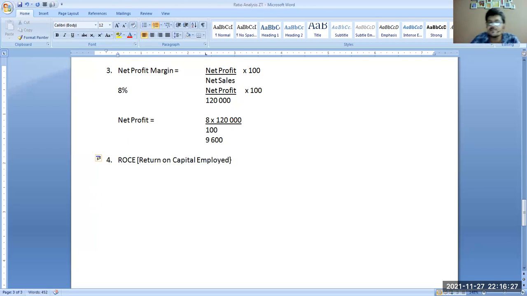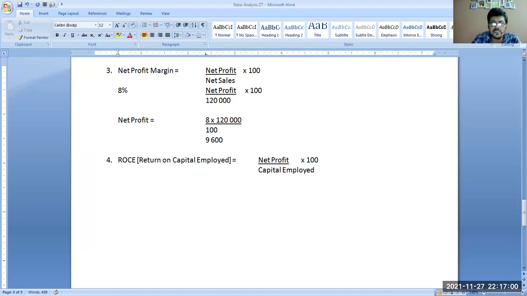And the formula is net profit divided by capital employed, multiply by 100. So this is the formula of return on capital employed.